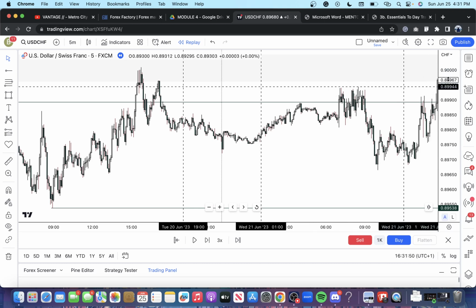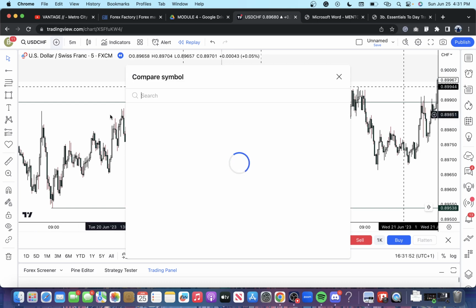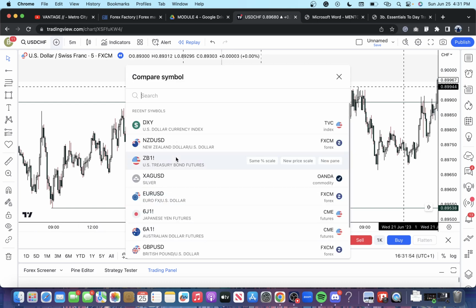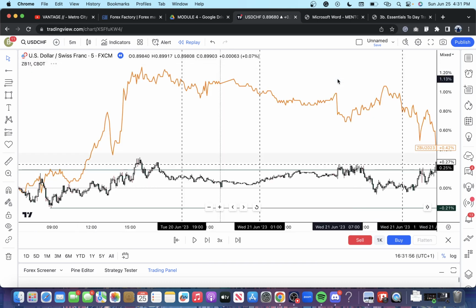But if we compare this high with, let's say, a correlated asset, and let's use treasuries. If USDCHF is running higher, okay, we do not want to see treasuries do what? If dollar is going to go lower, we want to see treasuries run higher. We want to see treasuries be bullish.